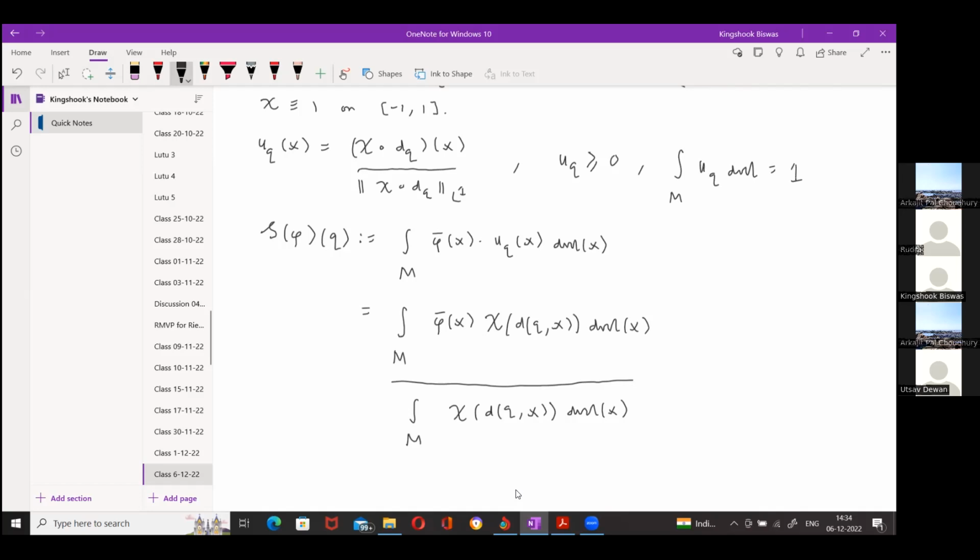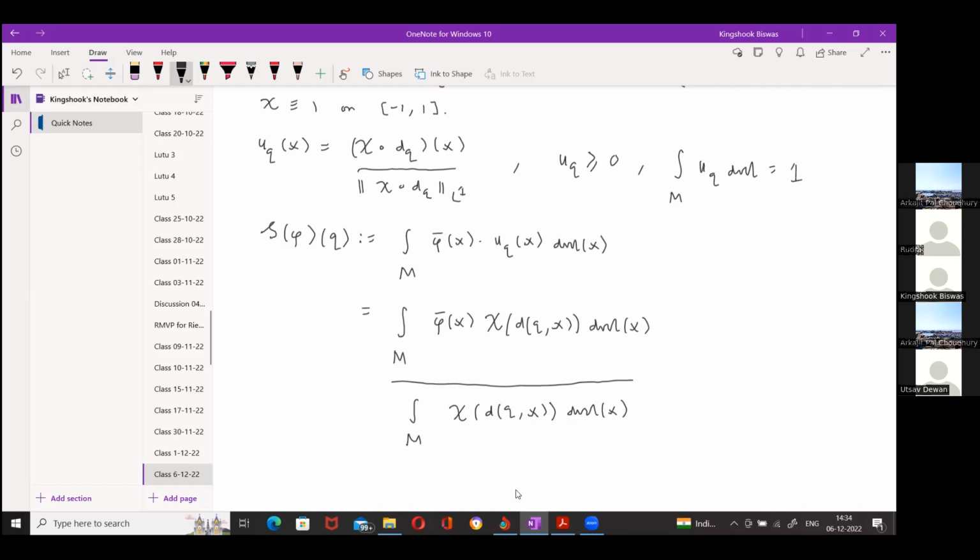So that means this S phi is a weighted average of phi bar, because this u_q of x dvol x is a probability measure, right? So this is some average of phi bar. Okay, and this is an average.